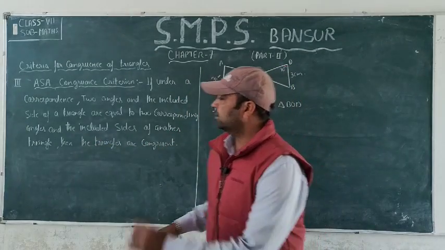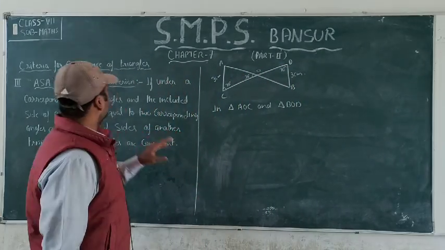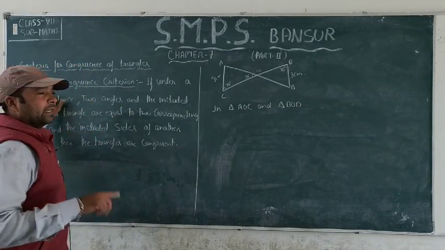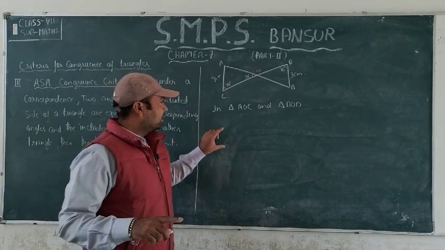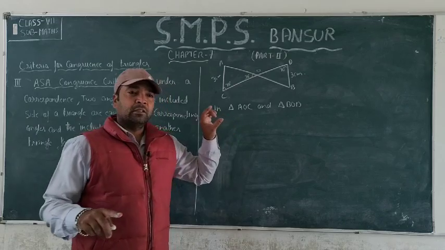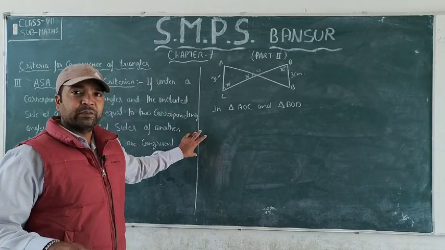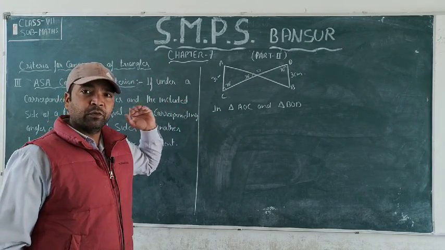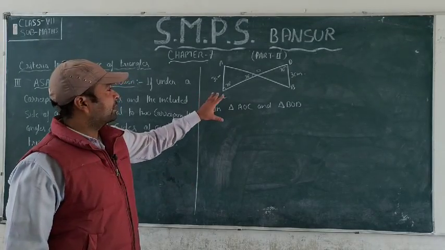Now in this case, two angles and one side. ASA, angle side angle, means the side should be between the two angles which are given or which we have proved equal. So there is one example from the book.